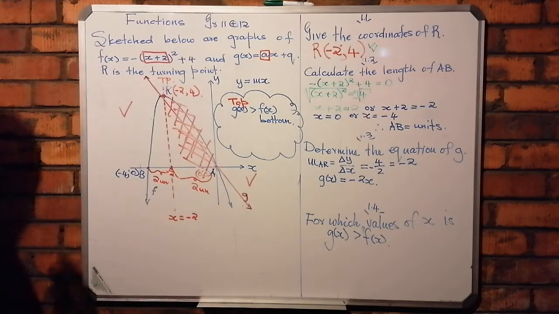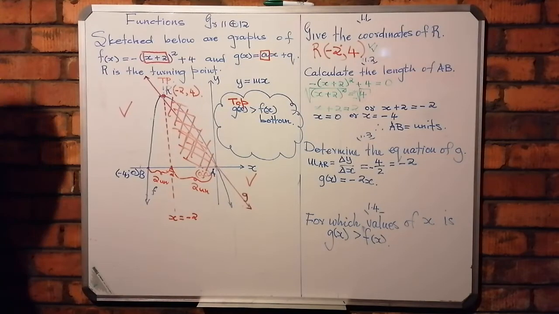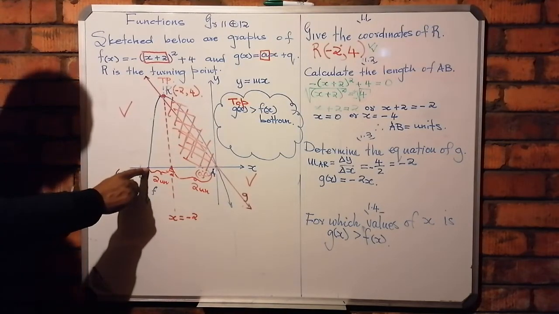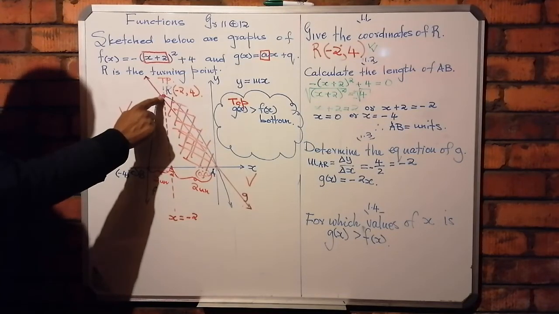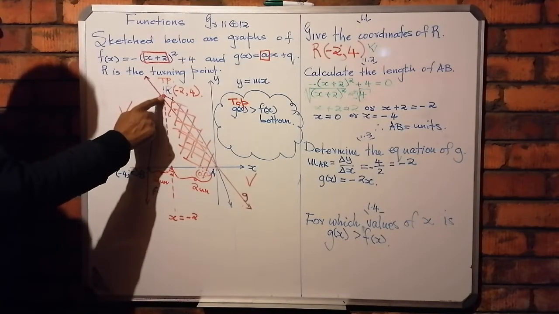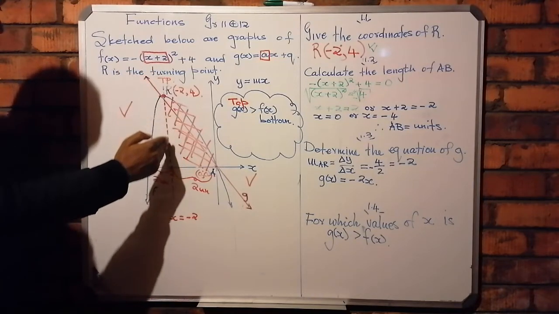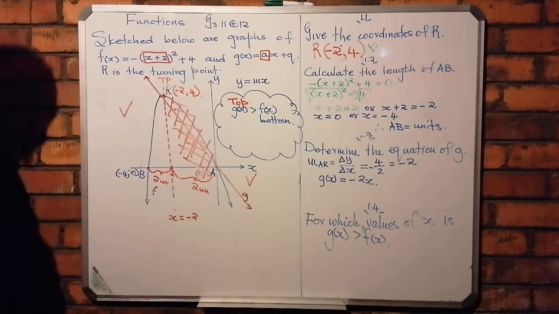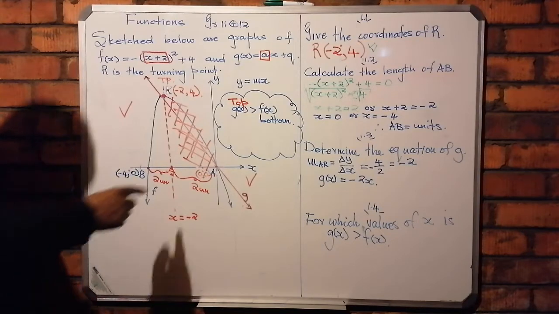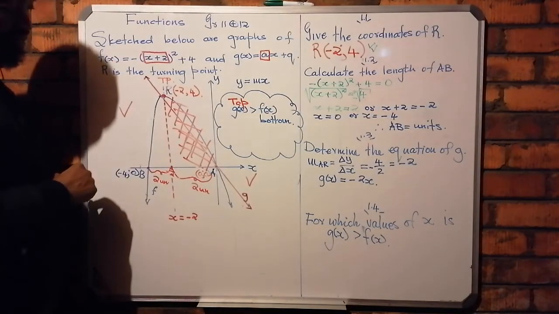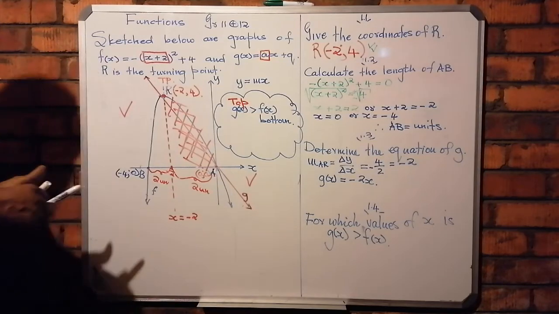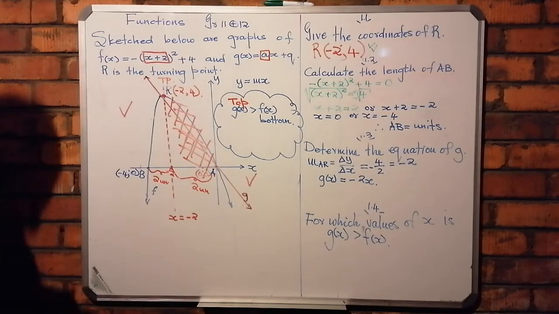Now, I'm writing it mathematically. Remember, this point is minus 4. Remember, that point is minus 2, meaning that everywhere here it is minus 2. Remember, this point is 0 and 0. Now, I am writing my solution.